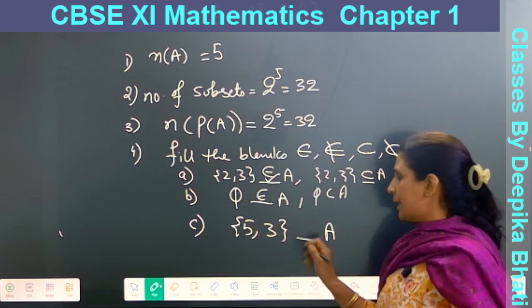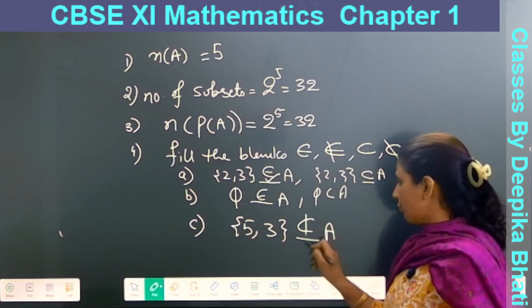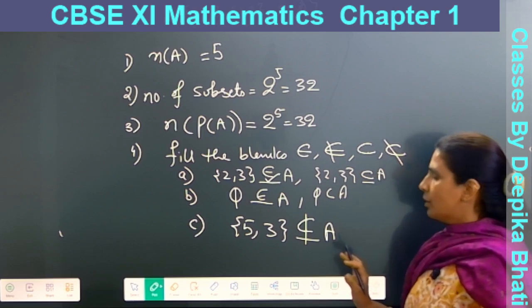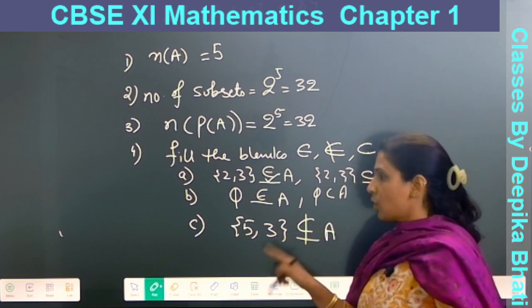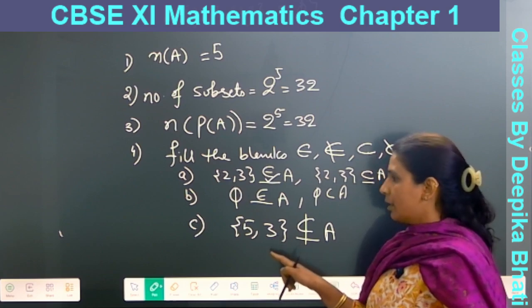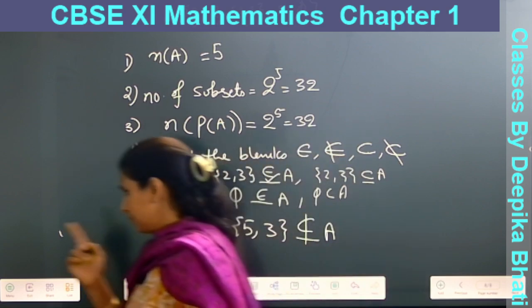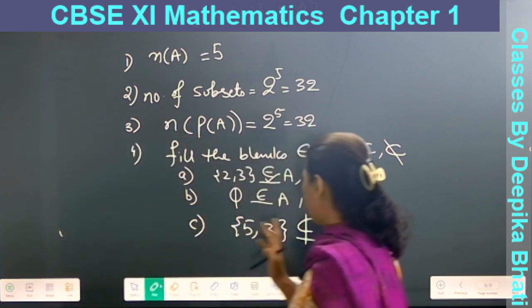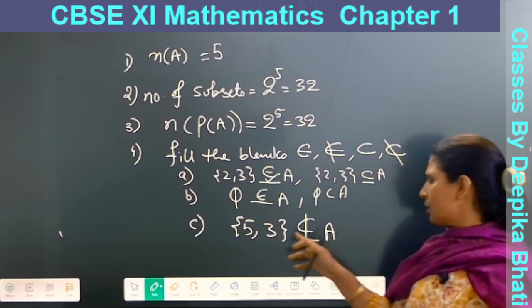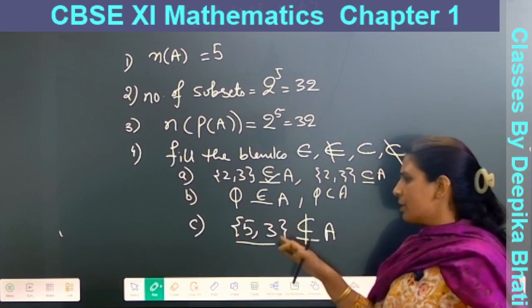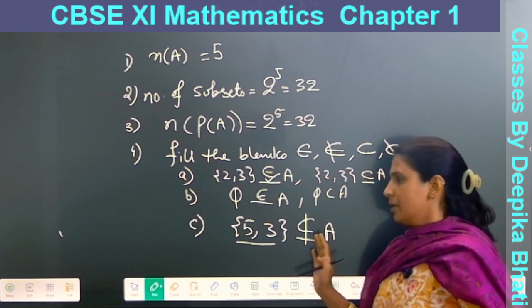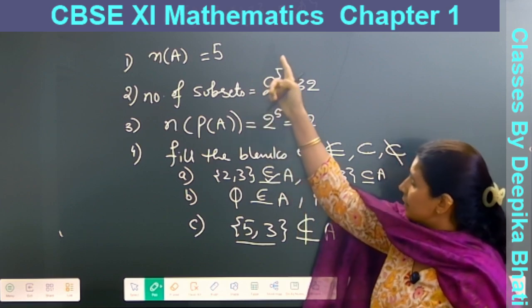Here this is a set and this is not a subset of A. Now you are not supposed to write belongs or not belongs. Okay, is this clear? You can write it, but this should be the appropriate answer because whenever we have a set we always talk about subset.